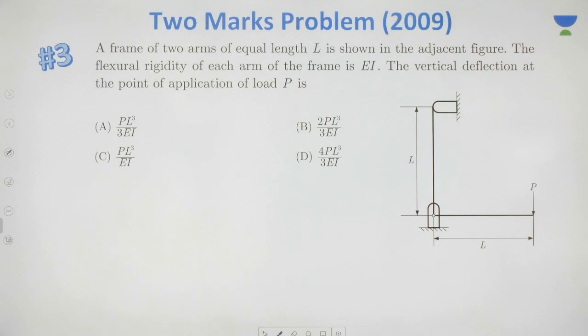They are asking vertical deflection at the point of application of the load. So please go through this particular problem, and then I'll go ahead and try solving this. Okay, I hope so far you have understood the problem.